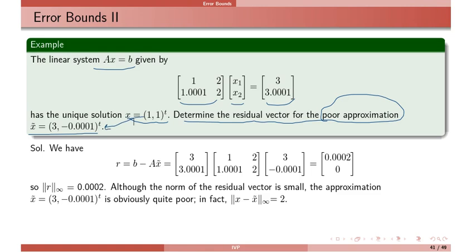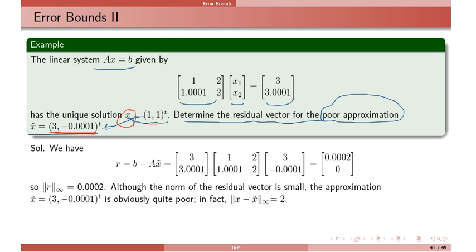So in this example, we will see that the residual is small, but you can check that x is (1, 1) and the approximate solution is (3, minus 0.001). So the norm of x is about 1, but the norm of the approximate solution is about 3. So there is a big difference between x and the approximate solution, but the residual is small in this example.